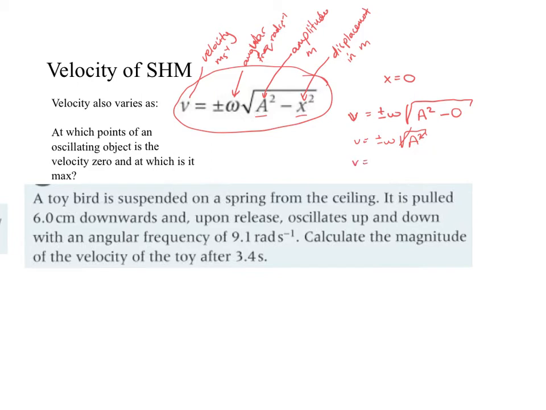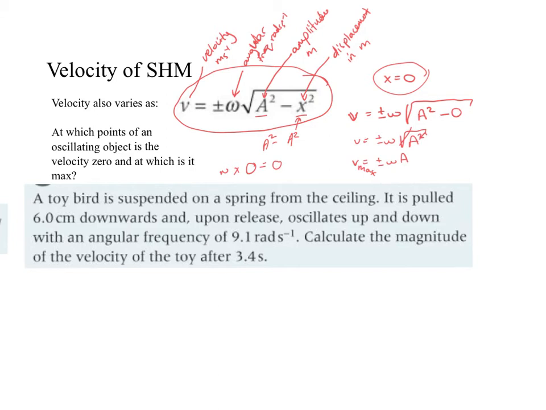So v is equal to plus or minus omega a. So this is v max, the maximum velocity that you will get at the equilibrium position. You already know that at the maximum amplitudes, the velocity will actually be 0, and you can prove that as well. If you put amplitude squared minus amplitude squared, that's already 0. So anything multiplied by 0 is 0.